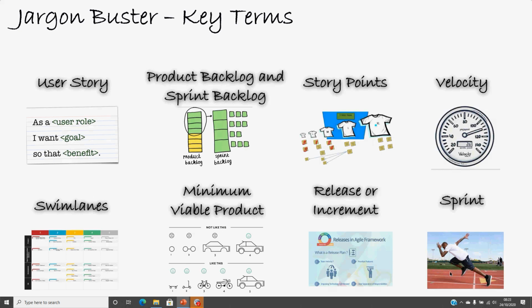And finally, the sprint. We have talked about sprints, that these are the phases, the time-boxed plans in which you worked upon your user stories and delivered them, and then gave a benefit to your customer. That is what is called a sprint, or your iteration. It's a period of time over which the user stories are delivered.